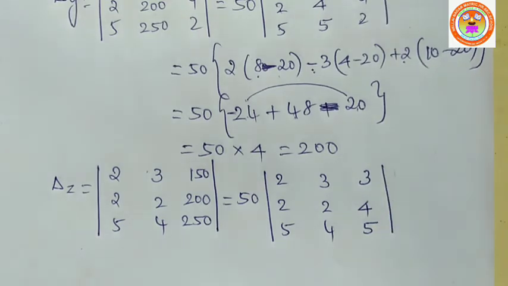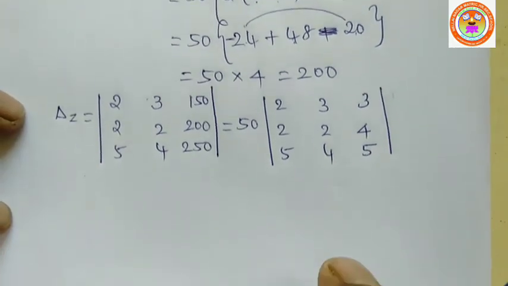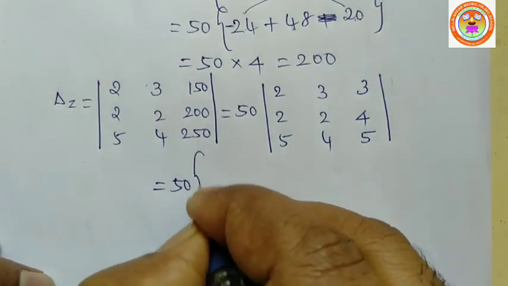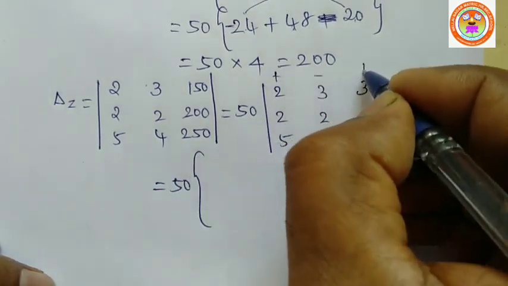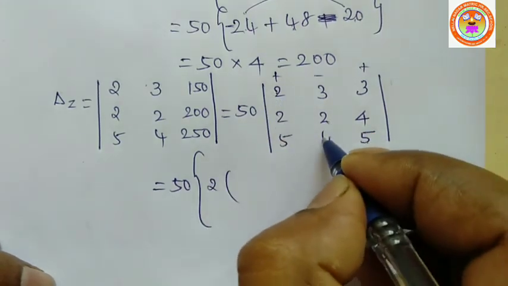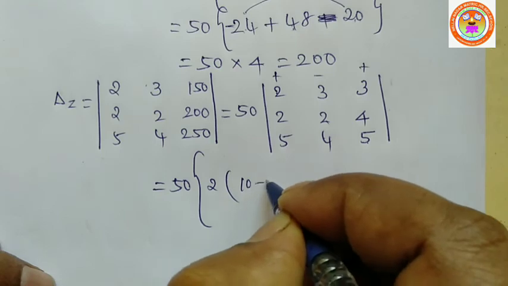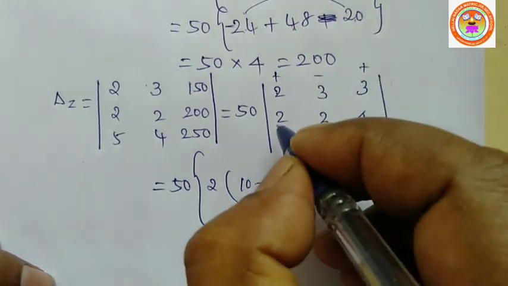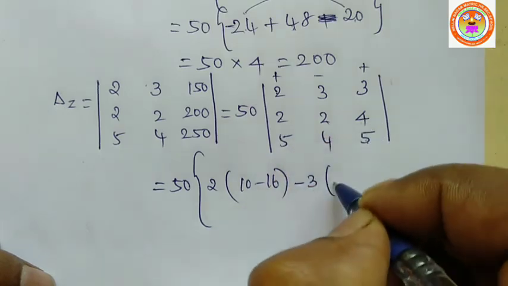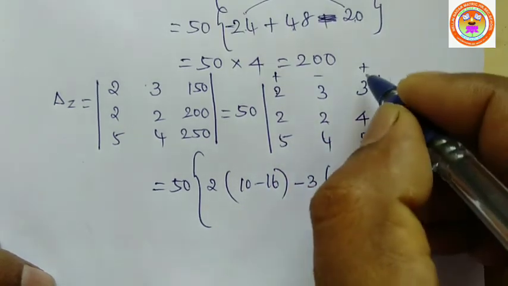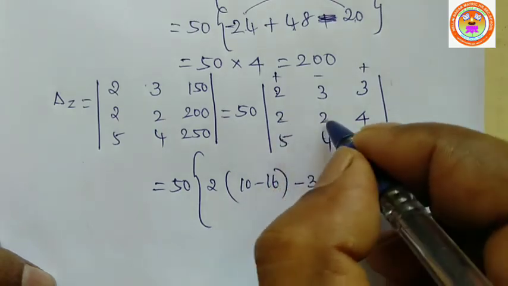When we are expanding this determinant, we are getting 50 into plus minus plus, 2 into 10 minus 16, minus 3 into 10 minus 20, plus 3 into 8 minus 10.